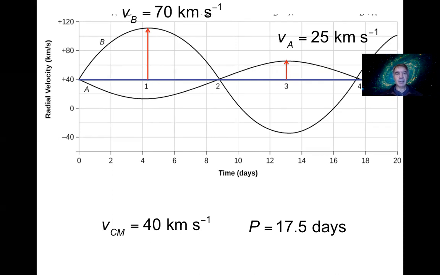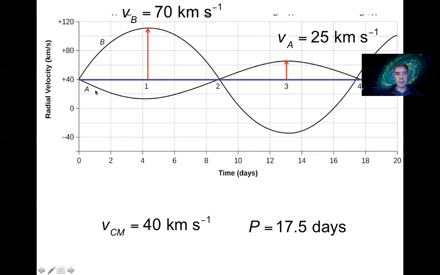So I left you with this radial velocity curve of two stars, A and B, to have a look at. And I was asking you to look at the velocity of the center of mass of the binary system.